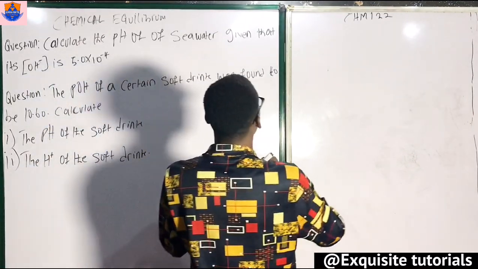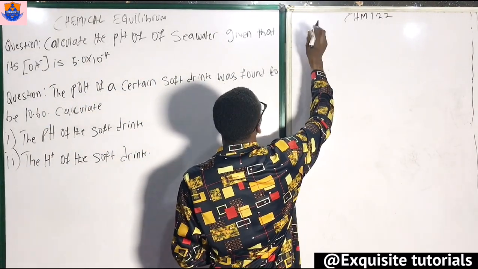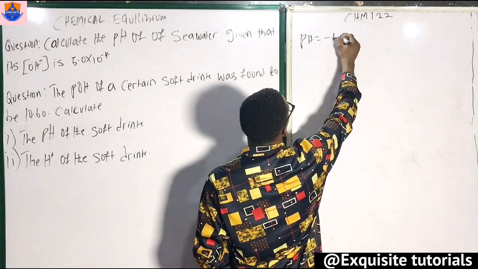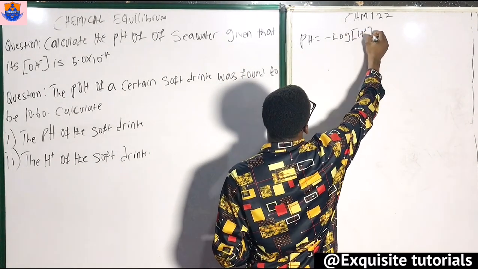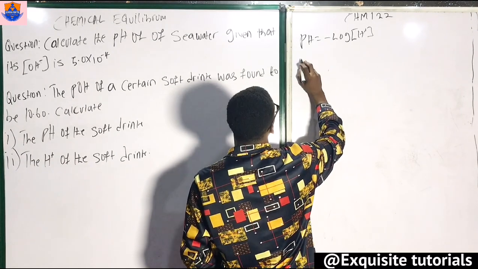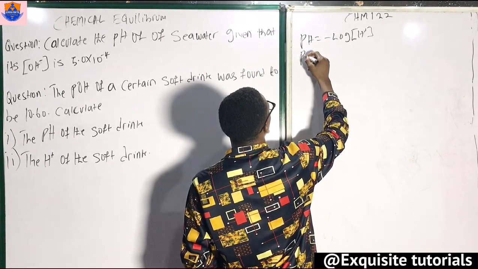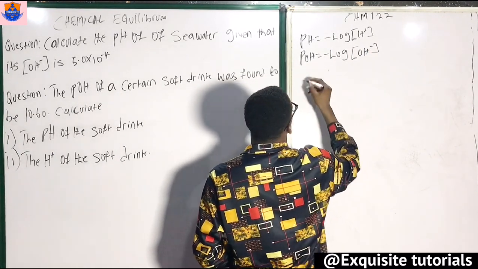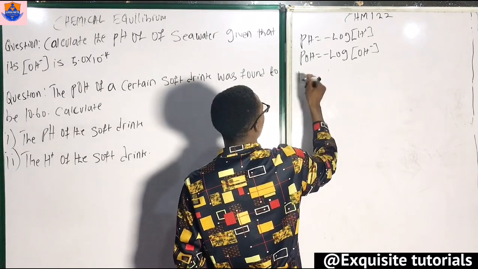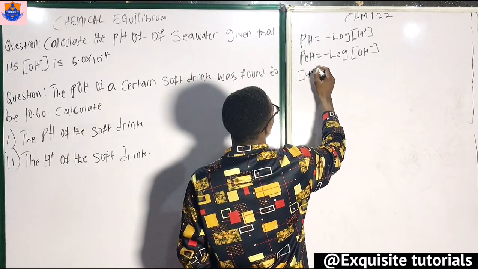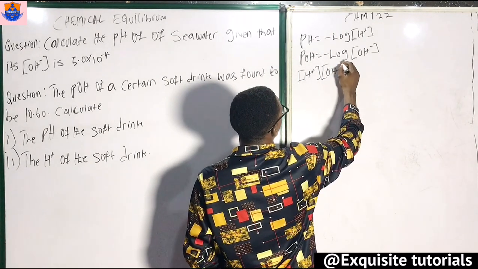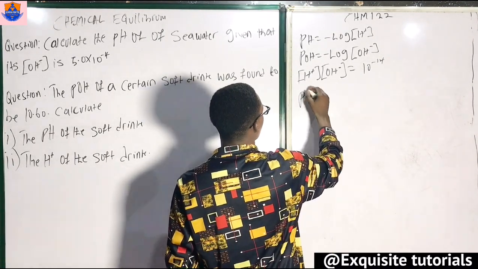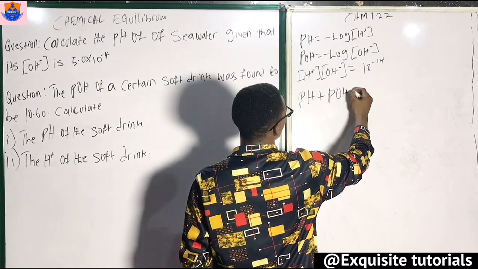So now, first of all, let's note that pH is equal to minus log concentration of hydrogen ion, pOH is equal to minus log concentration of OH ion, concentration of hydrogen ion times concentration of OH ion is equal to 10 raised to the power minus 14, whereas pH plus pOH is equal to 14.